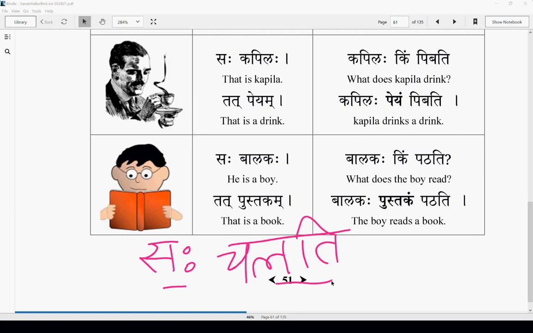So can there be a karma padam in this, or the word with the Dvitiya Vibhakti? Can we ask the question, Saha kim chalati? No. What is the meaning of Saha chalati? He walks. Unless we say he walks his dog, then we can say.